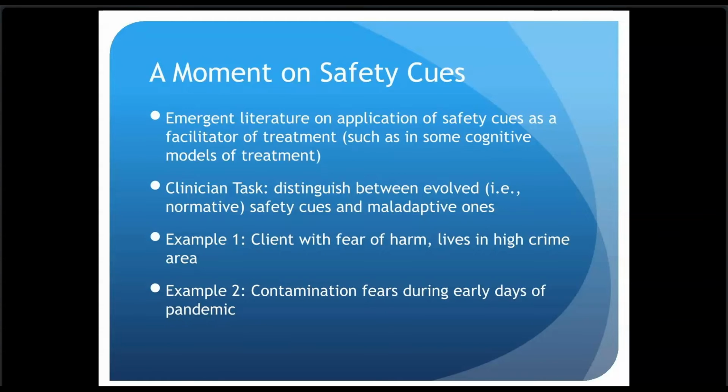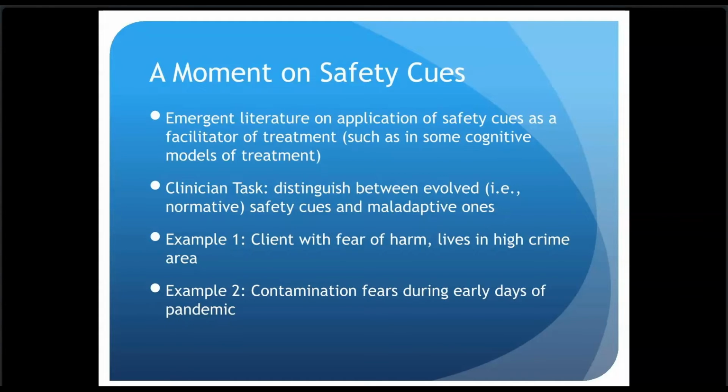And so anything that we can find that's a signal that we're okay will be most likely learned fairly readily. And our job as clinicians is to make a distinction between the safety cues that the individual has accumulated that are unhelpful versus the safety cues that are probably ones the person would be well placed to keep.